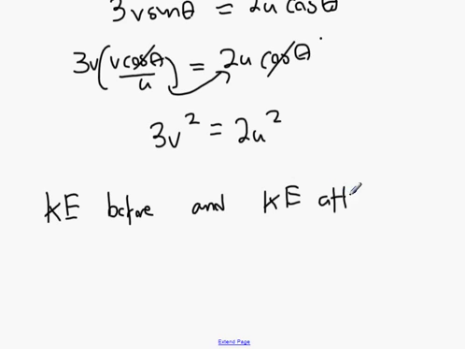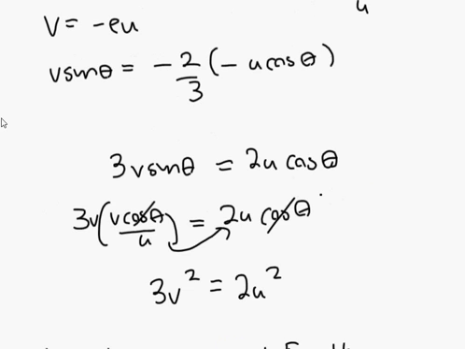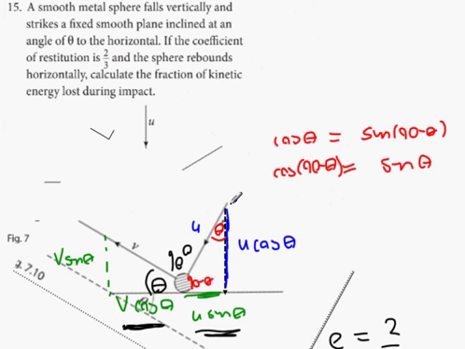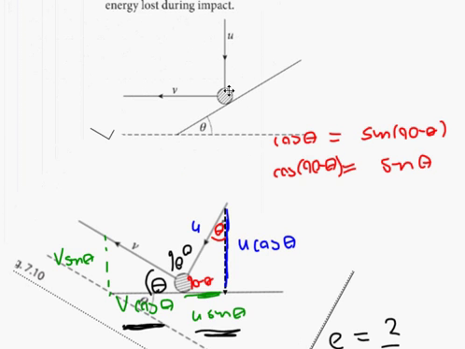Now please remember, guys, on your initial diagram it came in at speed u. If you remember this, it comes in at speed u and leaves at speed v. KE after is a half mv squared, KE before is a half mu squared. Okay, so that's before and after.